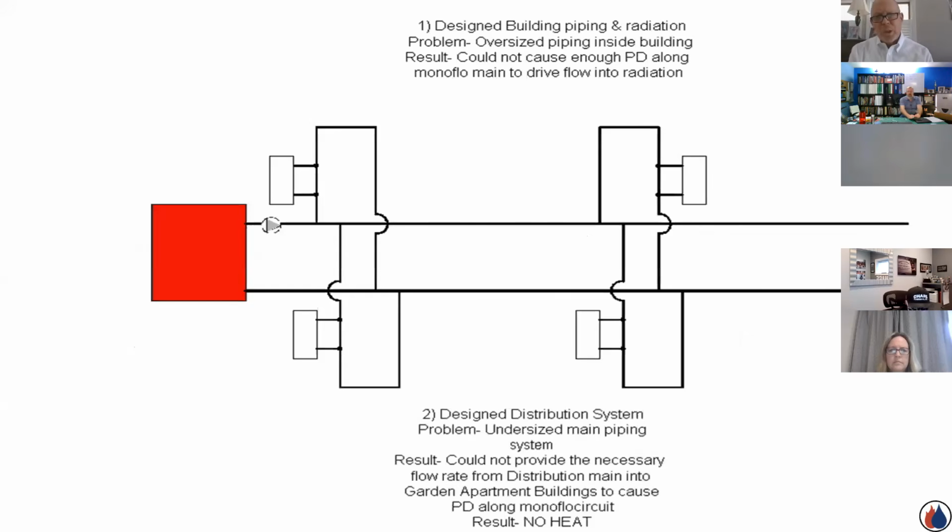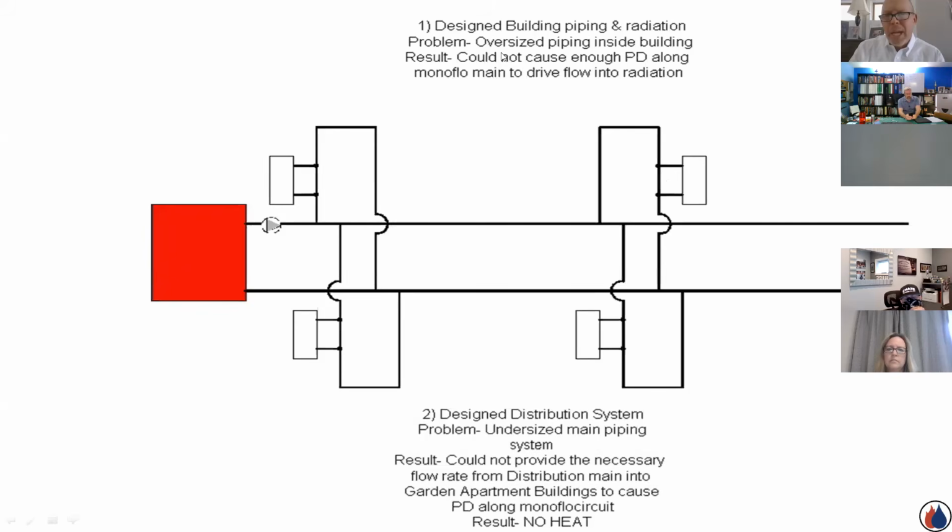So just a real quick overview. This is what was going on. It was just an unfortunate situation where we had a large system being designed, and they were using two separate engineering firms. And one firm made a mistake, who was responsible for designing all of the inside piping and terminal units within each of the 10 garden-style apartment buildings.